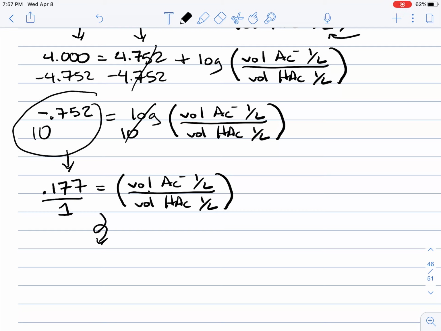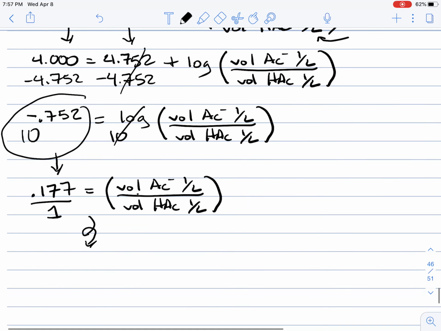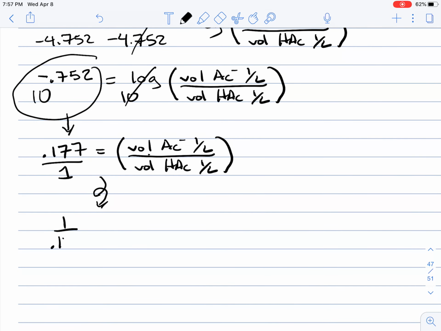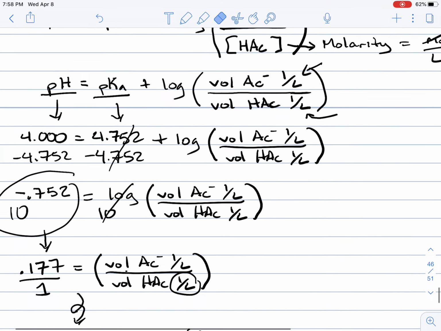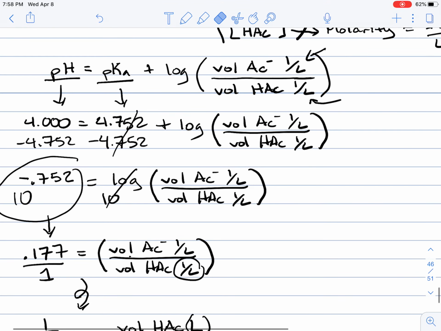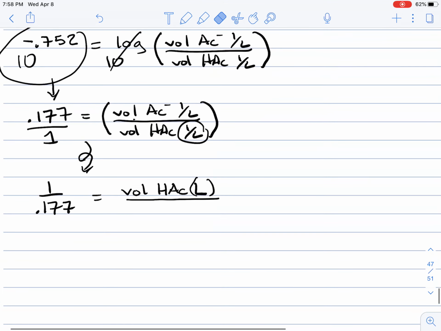So when we take the reciprocal on the left-hand side of the equal sign, I get 1 over 0.177 is equal to the volume of acetic acid, but instead of a per liter basis, since we took the reciprocal, it's going to be on a liter basis. So now we have it in the correct unit. And the reason why I didn't flip it at the very top is because it's still being logged, if you will. And so I don't want to mess with anything with logs. I want to get rid of that log before I can flip anything inside it.